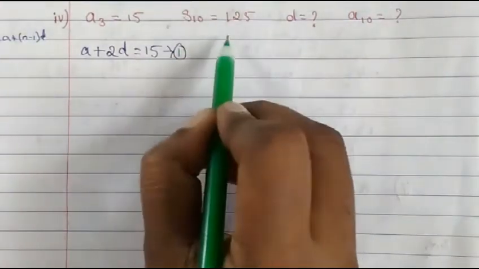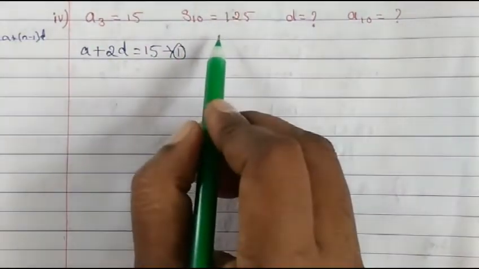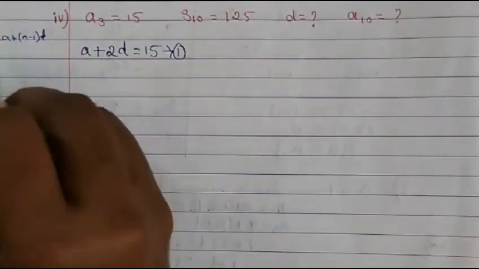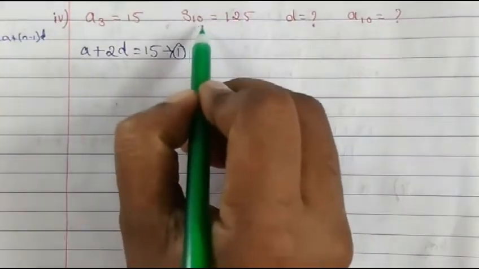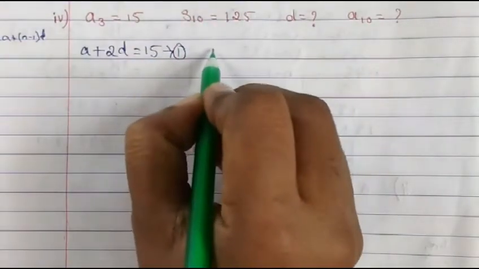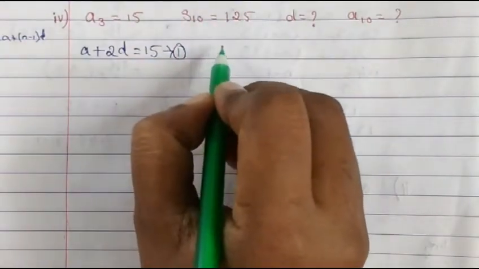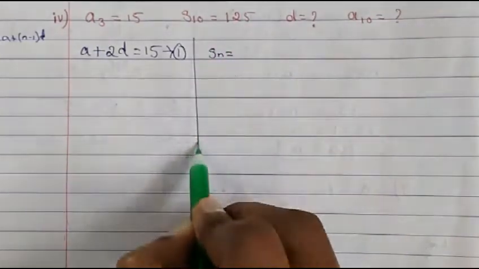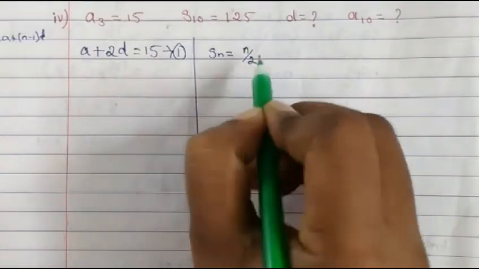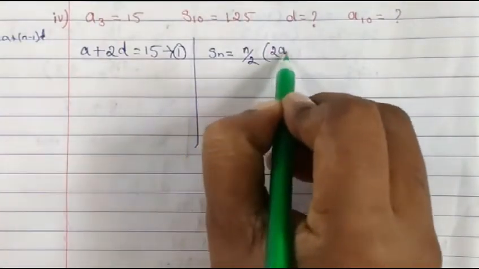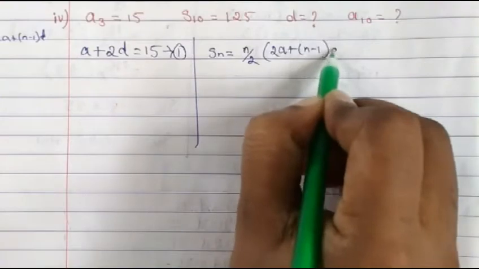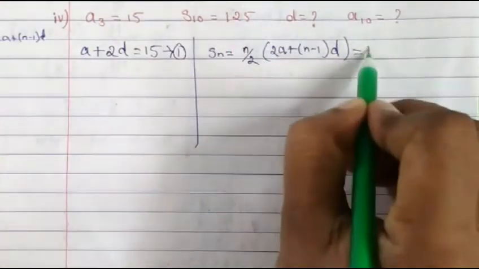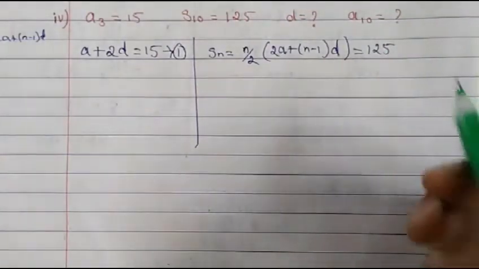Now from here also we can make the equations in the same way. So Sn, this is another equation for a. Sn we know the formula, that is Sn equal to n upon 2 into 2a plus n minus 1 d, which is equal to 125.